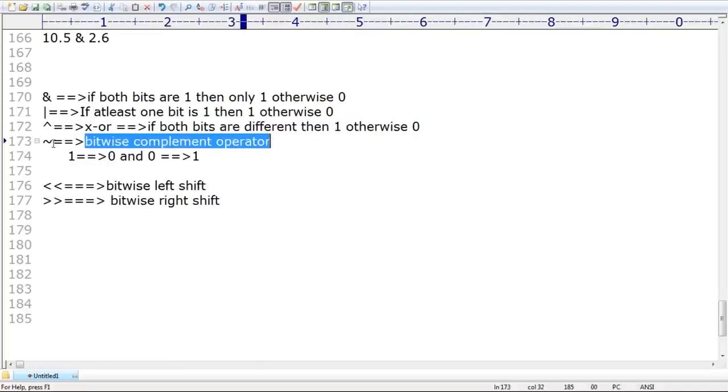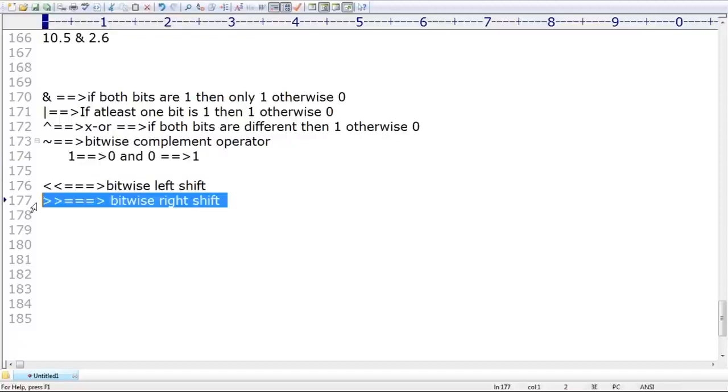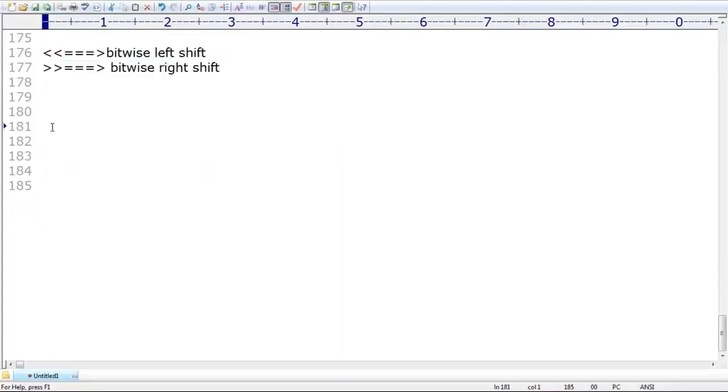Bitwise complement operator, 1 will become 0, 0 will become 1. Next, left shift and right shift, I will explain with an example. Don't worry much about these things. Up to this is it clear? Seems to be some known terminology. I hope you people are getting that feeling.